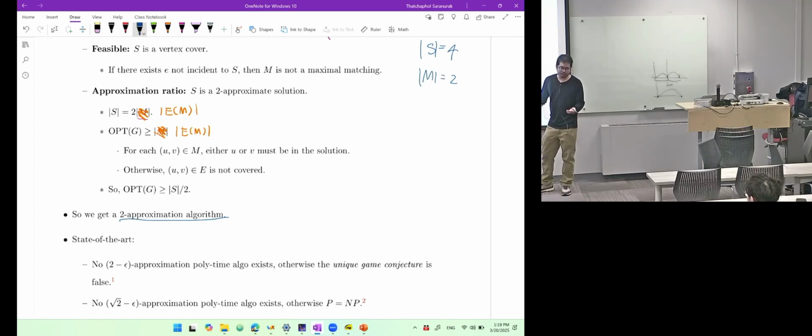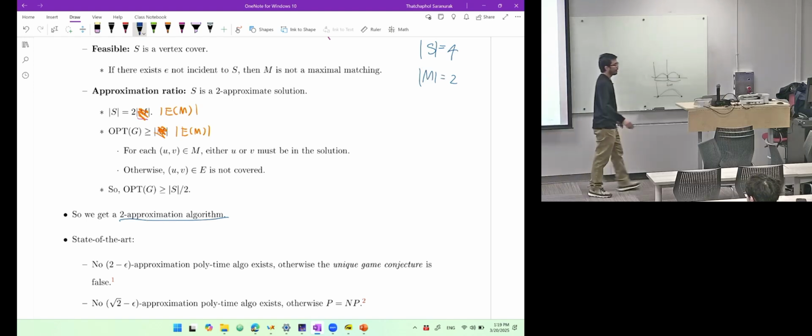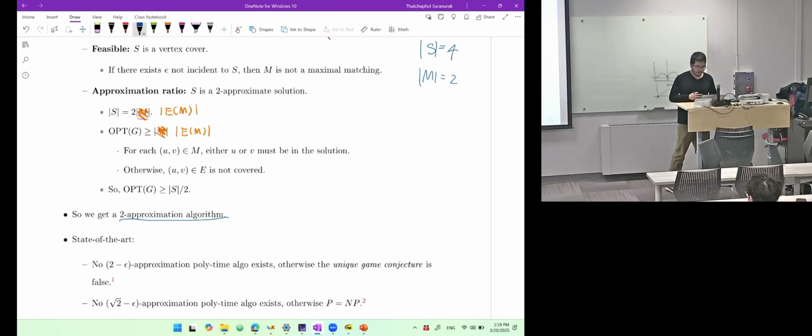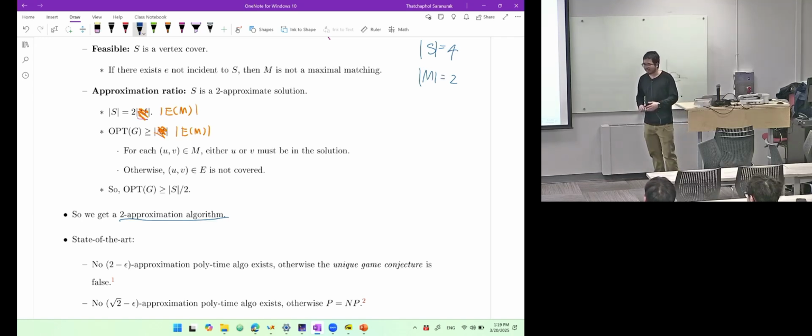Some people believe it, some people don't. But if you believe that P is not the same as NP, at least you cannot beat root 2, which is like 1.4. This hardness of approximation is a deep area, and Uyong is the expert here.